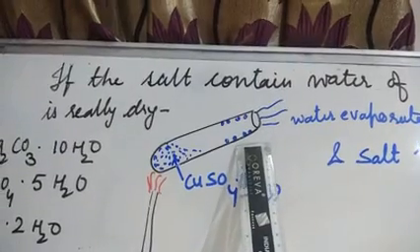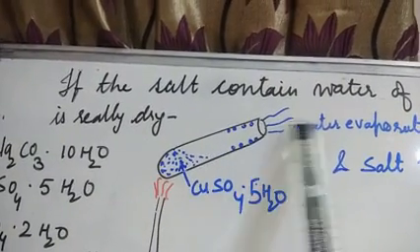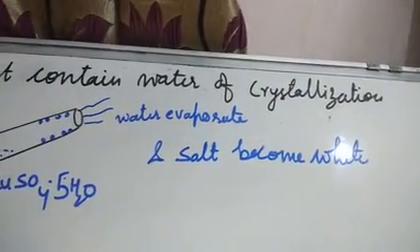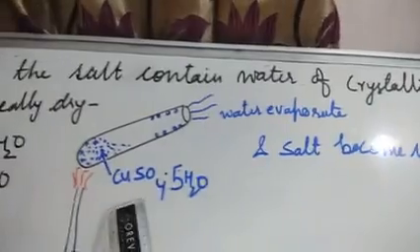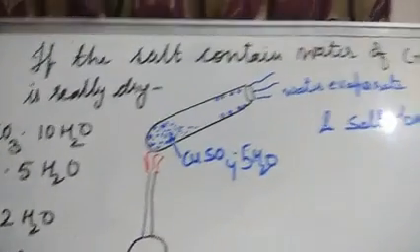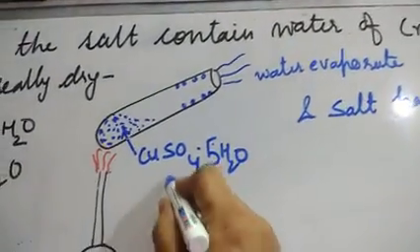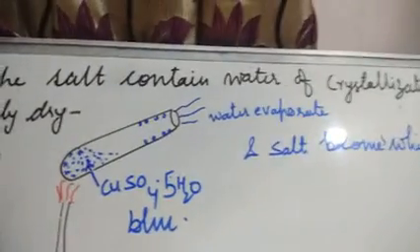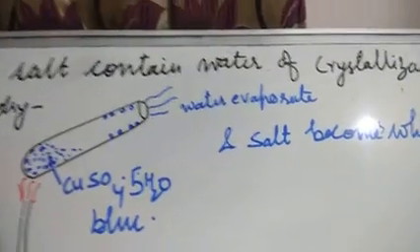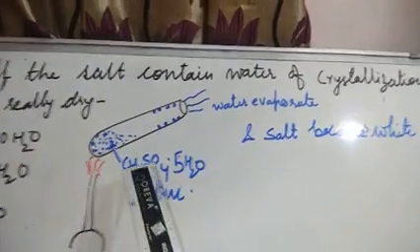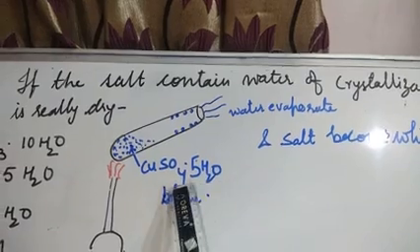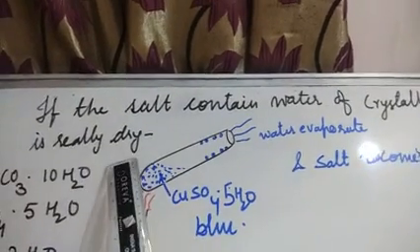And as the water evaporates, the color of the salt becomes white. It was initially blue, and that blue colored salt now becomes white. Okay, students. So this activity proves that if any salt has water of crystallization, then also it is dry.